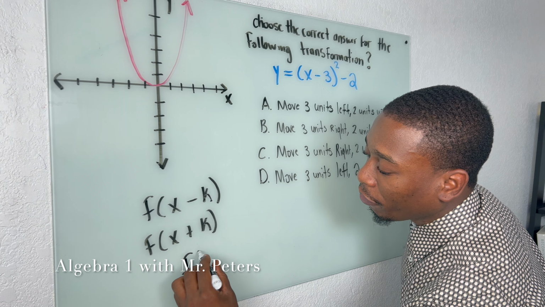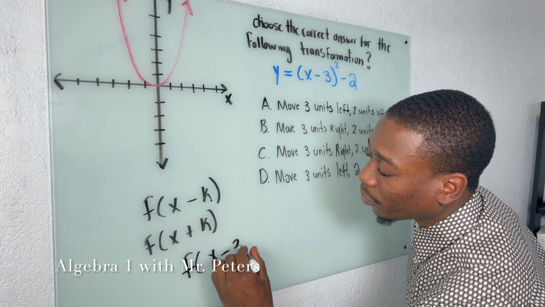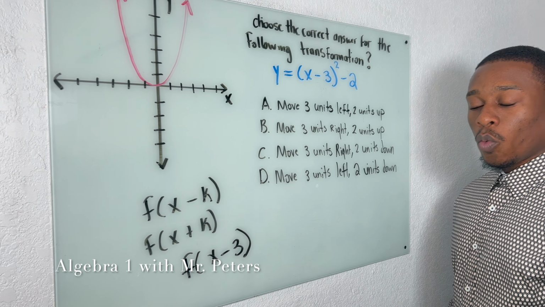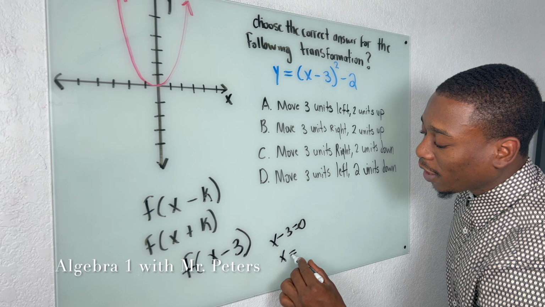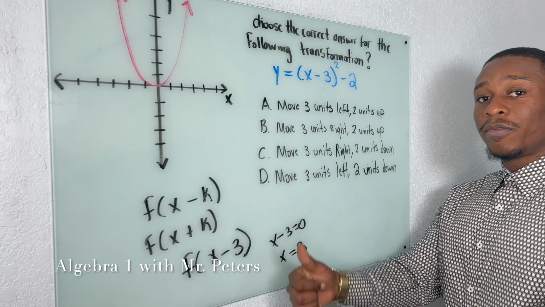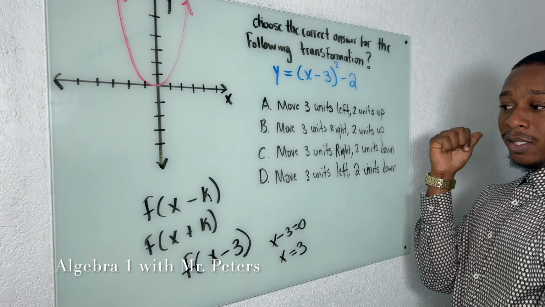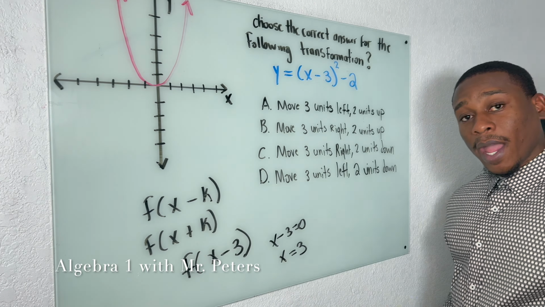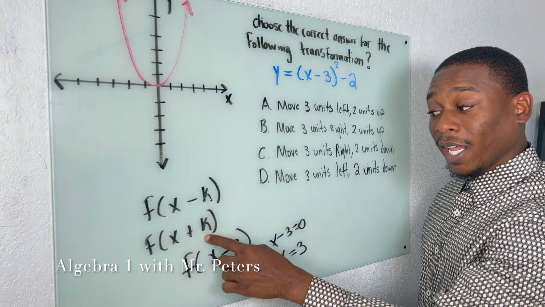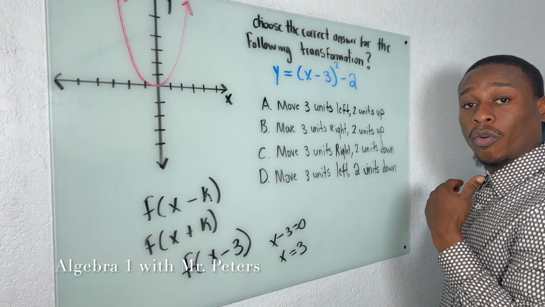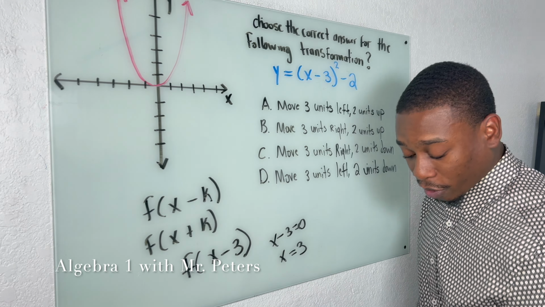If we have f(x - 3), when I set x minus 3 equal to 0, that means x is going to be equal to 3. I'm going to have to shift this graph right k units. Now, if it's f(x + k) with k positive, that means I'm going to shift the graph to the left a certain amount of units.